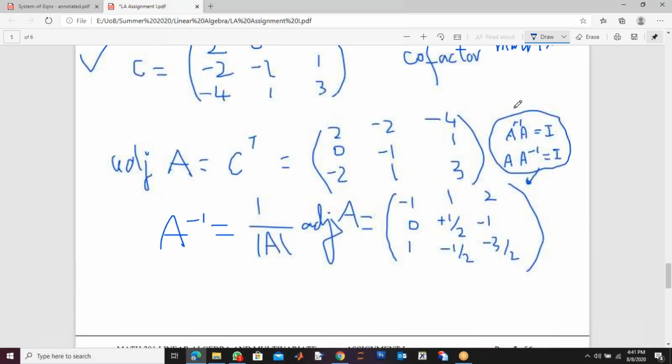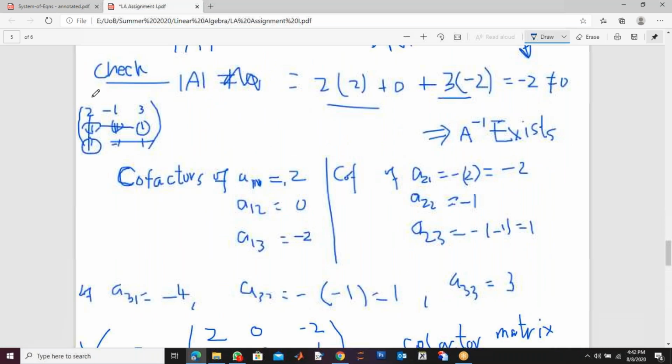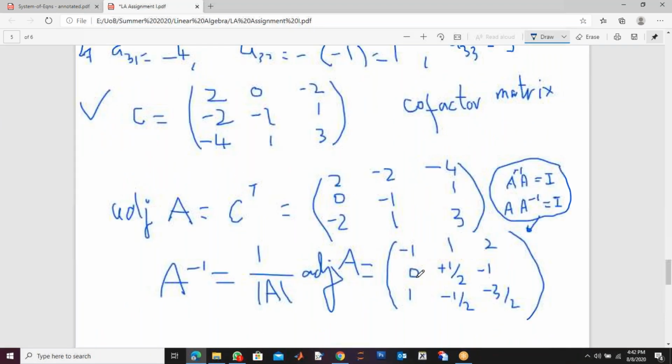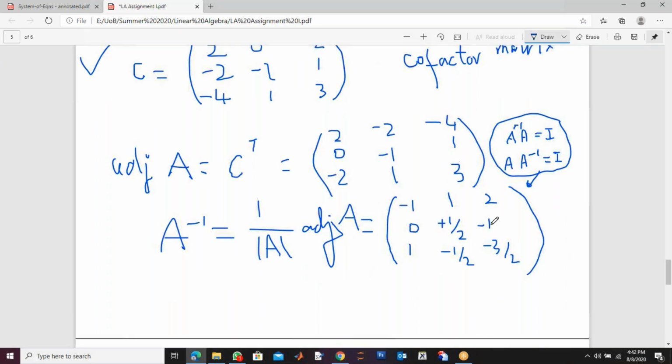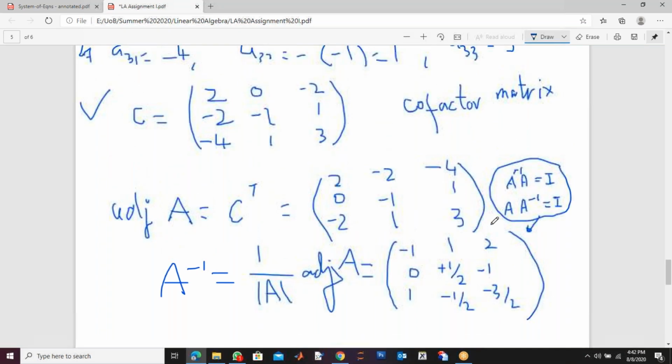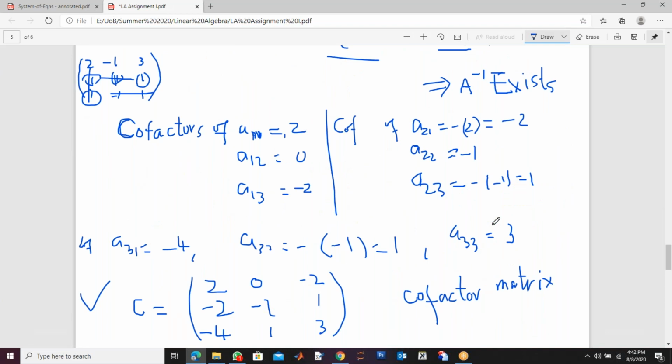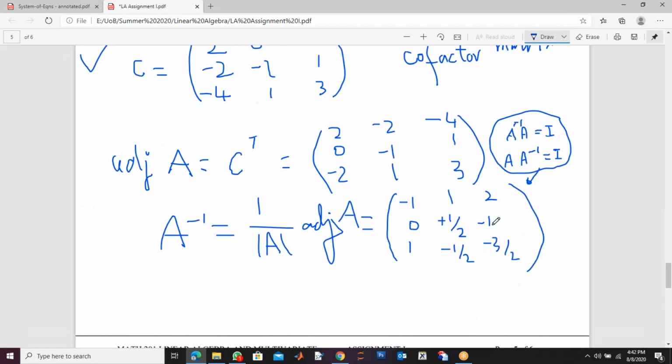Let's say it is 2 minus 1 3, so 2 minus 2 plus 3 1. You see, you got 1 at the first one. 2 minus 1 3, so 2 minus 1 by 2 is 3 by 2, and plus 3 by 2 is 0. See, so I'm getting the first two entries correctly, 1 0, and hopefully this is also 0. 4 plus 1 5, and 3 by minus 9 by 2.